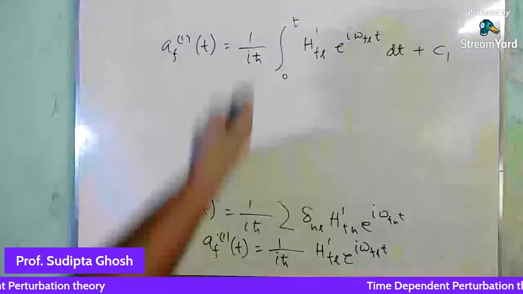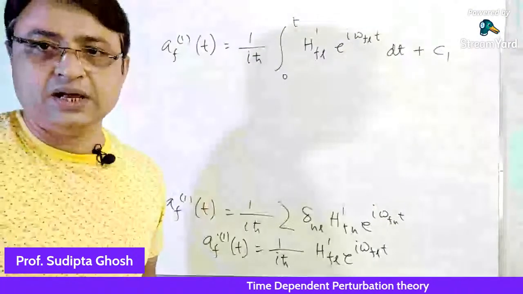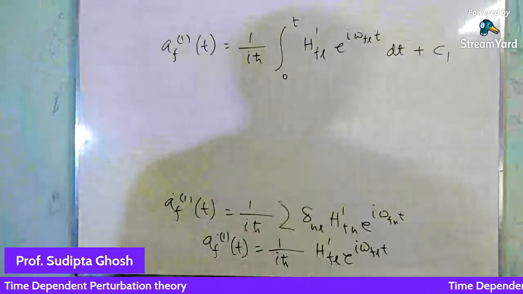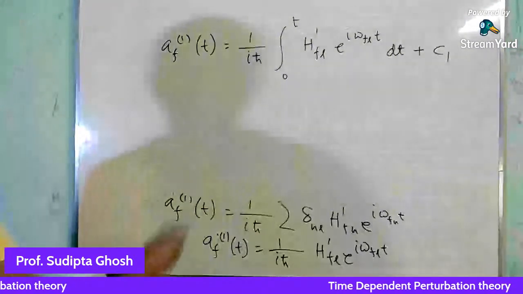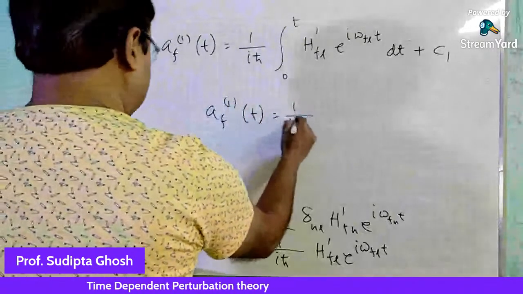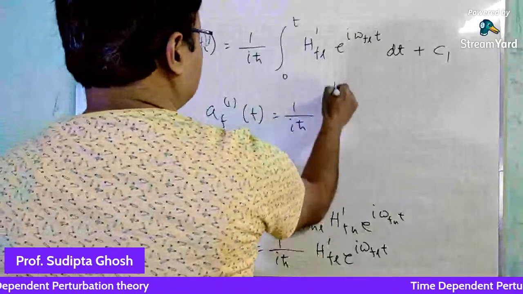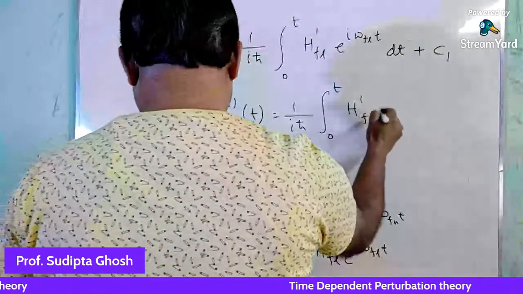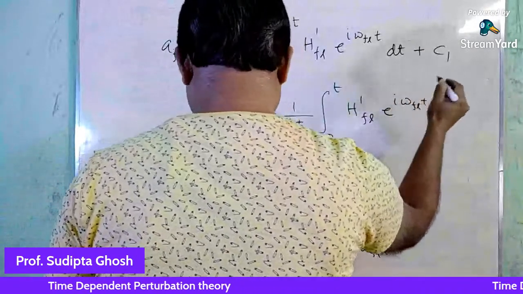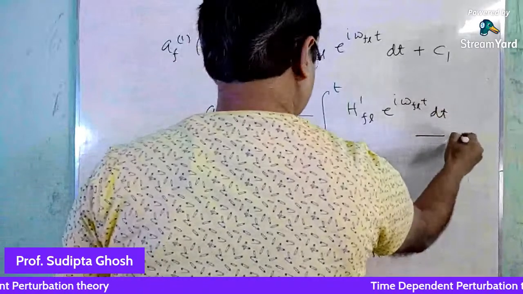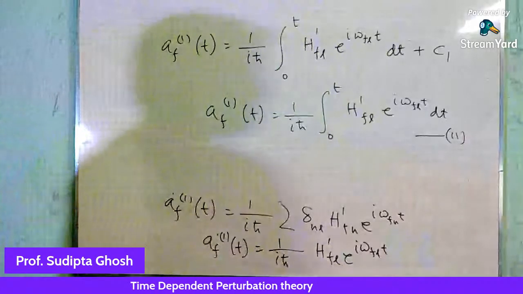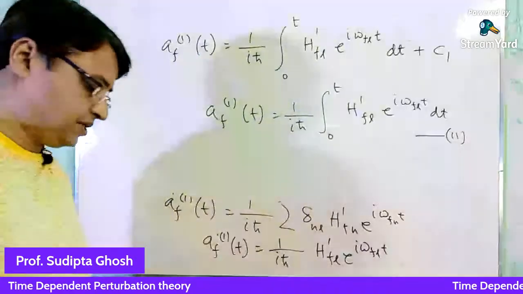So it will make the value of that integration constant C1 equal to 0. So by putting C1 equals 0, we find that a_f1(t) is actually 1 by iħ integral 0 to t H prime_fL e to the power i omega_fL t dt, and let it be equation 11. Now, this is the basis for the first order time dependent perturbation theory.